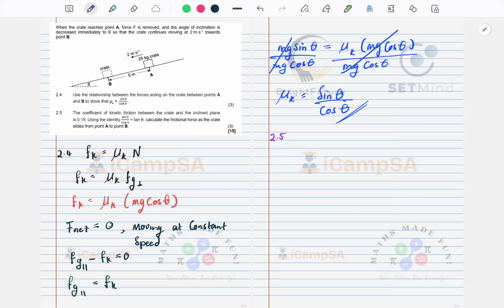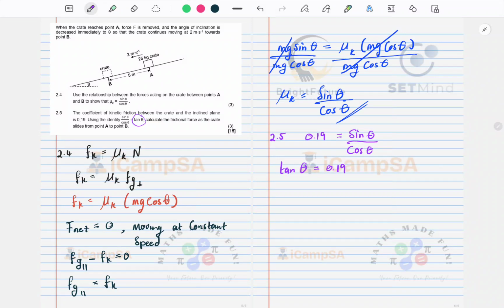Then, how do we calculate it? What we know here is that this is mu k, so we can say 0.19 equals sine theta all over cos theta, like this, right? But because they are telling us to use this identity, we are going to say tan theta equals 0.19.